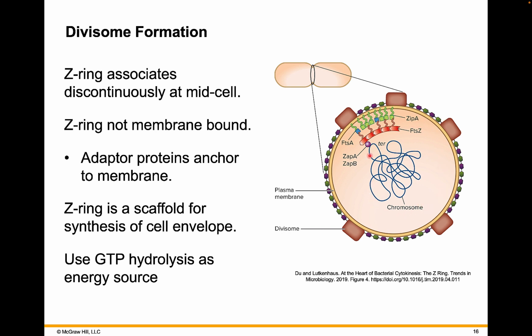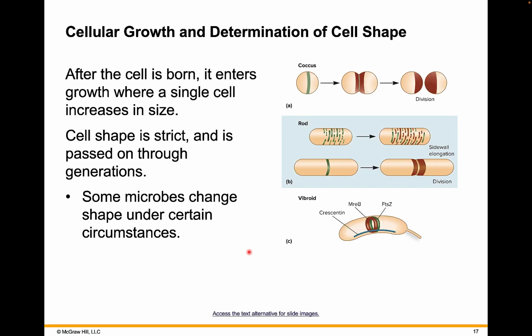All of them work this way, pulling the plasma membrane towards the center, and the constriction happens, and the divisome separates the two compartments.